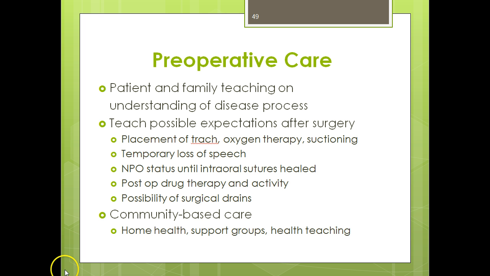Generally, initially, when they get their pain medication, a lot of times they get IV morphine, and you've got to assess for respirations. Also, Tylox or Percocet is usually given as well.